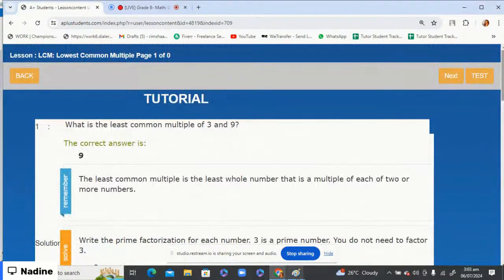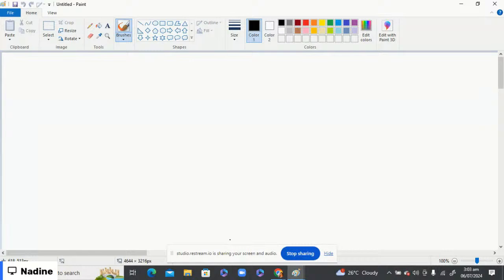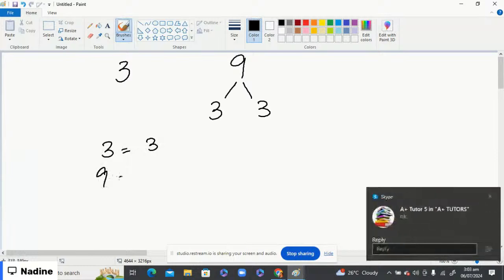So 3 and 9, as we know, 3 is a prime number and 9 is 3 times 3. So for 3 it's only the factor 3, and for 9 it's the factors 3 times 3.